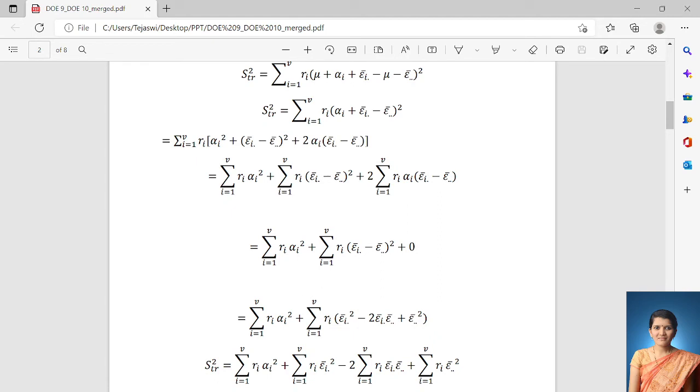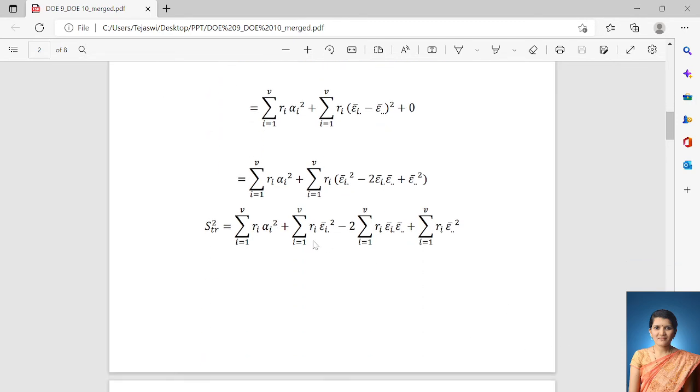Now the bracket (a minus b) square is expanded as a square minus 2ab plus b square, and summation and r_i are taken inside.